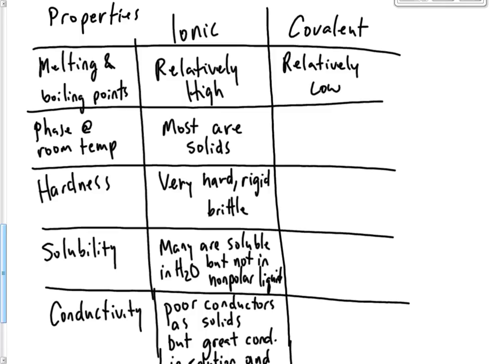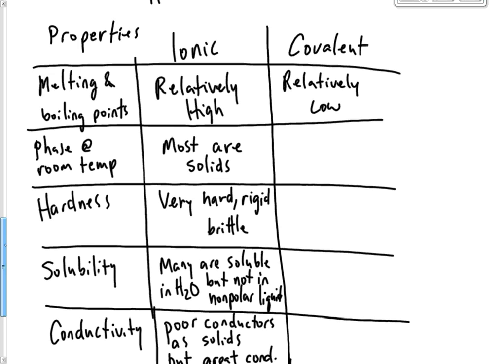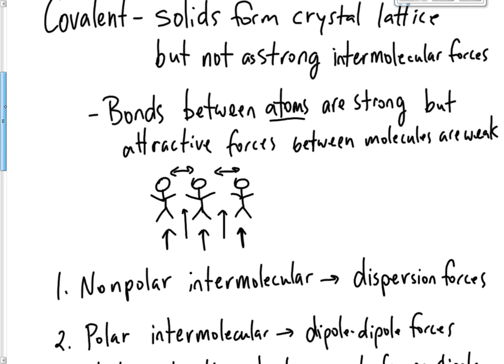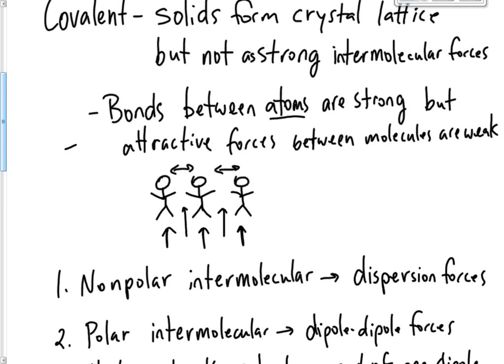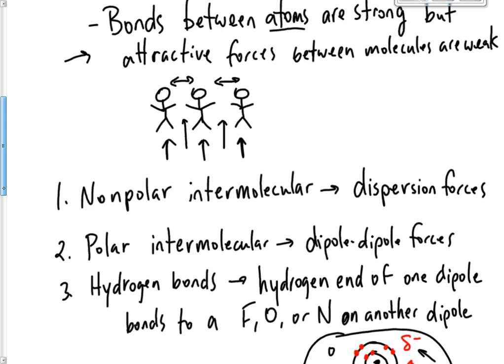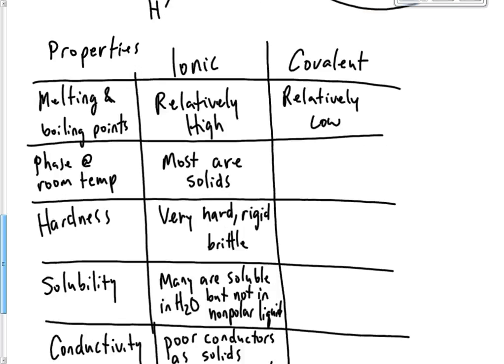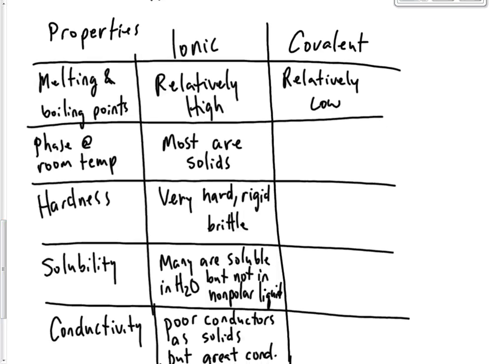If you go back to this right here, bonds between atoms are strong, but the attractive forces between the molecules are weak. That's why they're easy to break apart, and easily made into liquids. Most are gases at room temperature, if it happens to not be in its solid state.